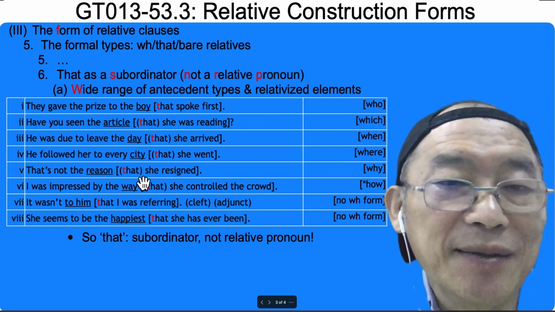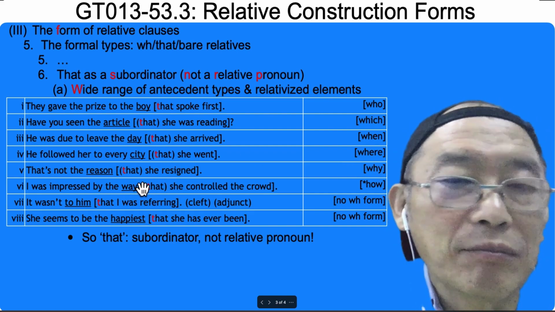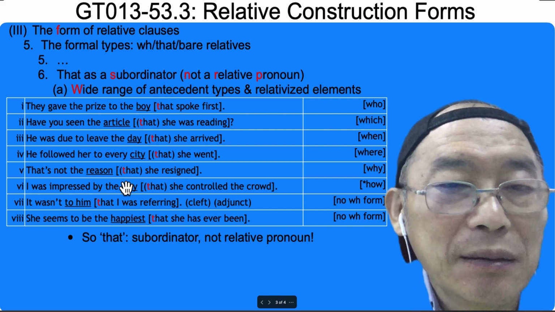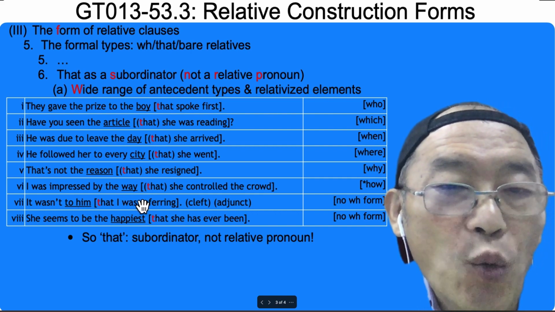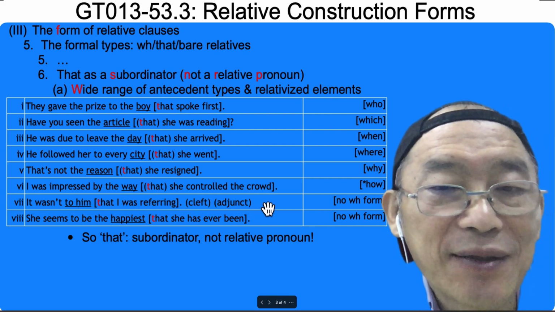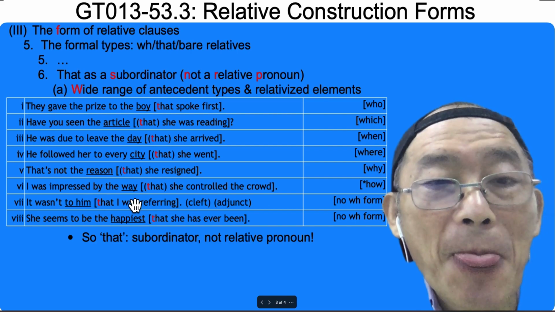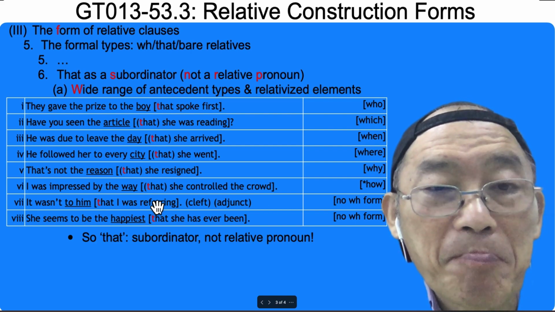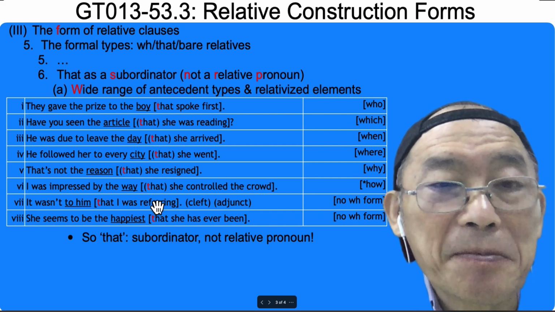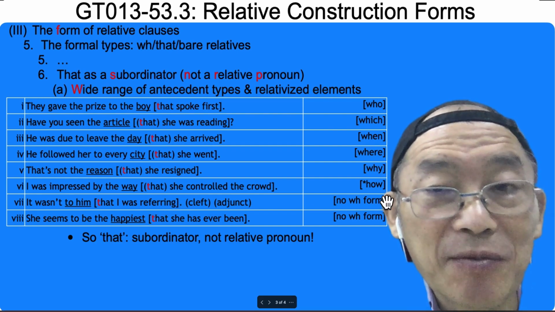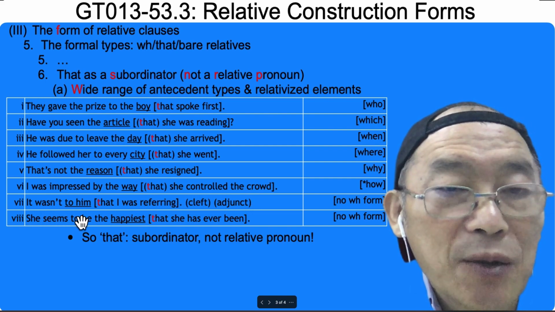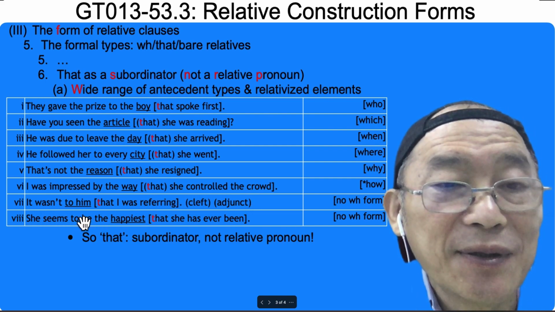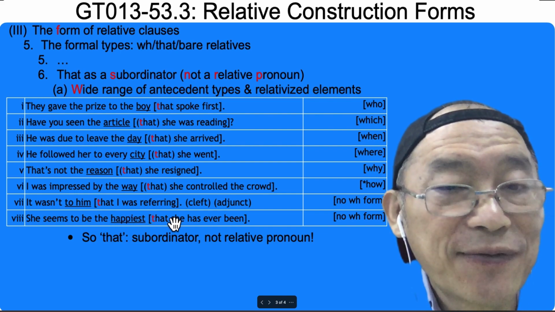"That's not a reason why or that she resigned." Short one. "The way that you control the crowd": the way, in which. But you cannot use how; how is not a relative word. "It wasn't to him that I was referring."